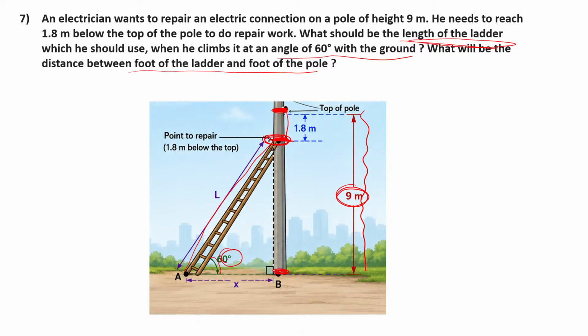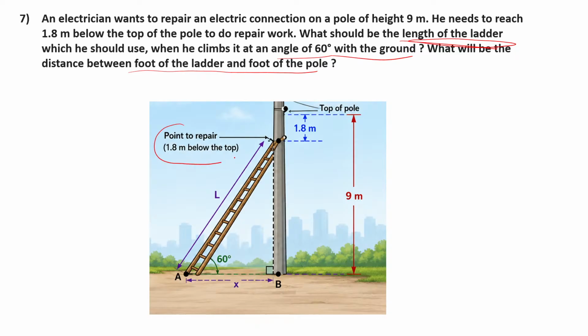Now here in this case, 60 degrees is the angle of elevation because the electrician must look upwards and work, raising his head, hence it is called the angle of elevation. Here the instructions are very clear.